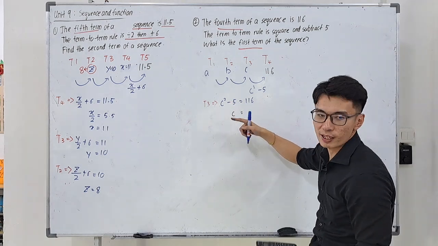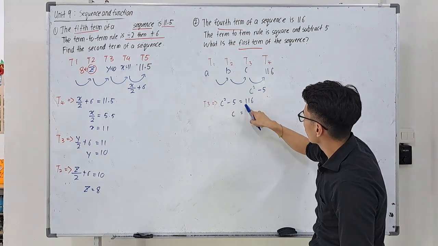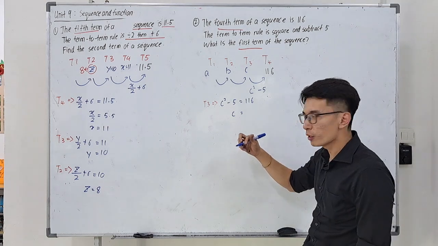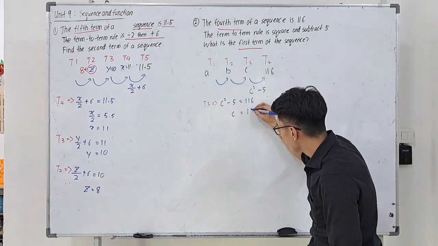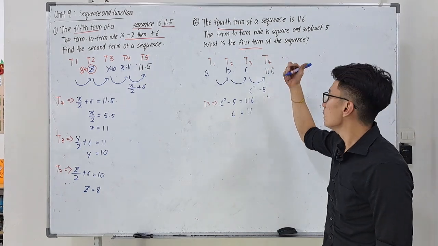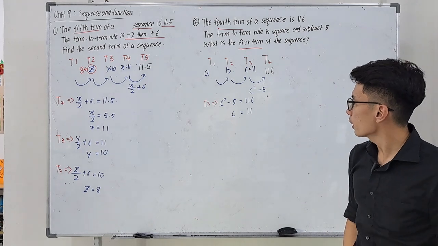This is supposed to be plus. Oops, sorry. Okay, so if I add over here, I should get 121, alright? So square root of 121, that will give me 11. My apologies for the mistake. So now we know that C is actually 11 over here.